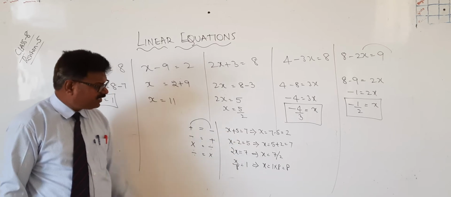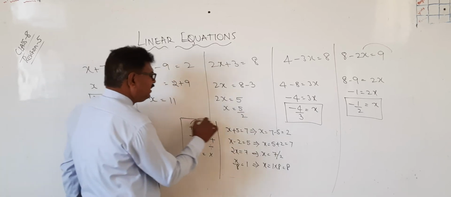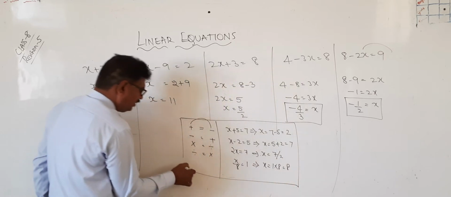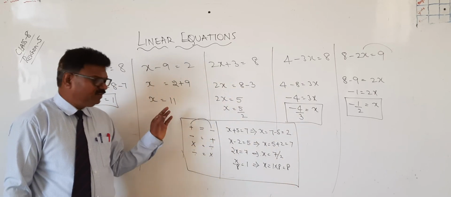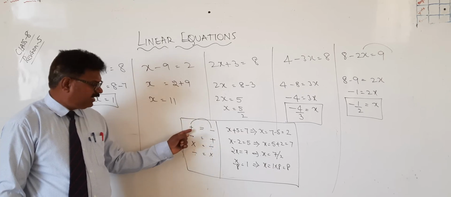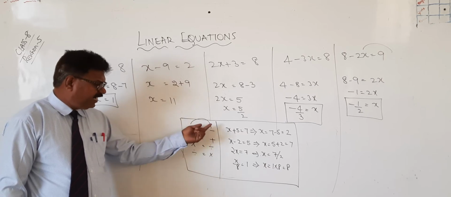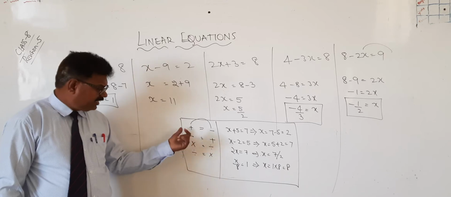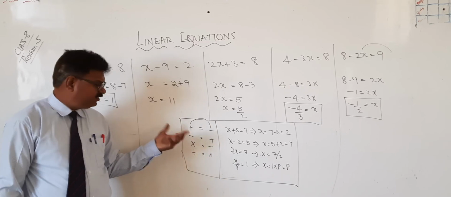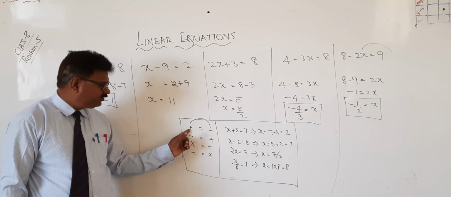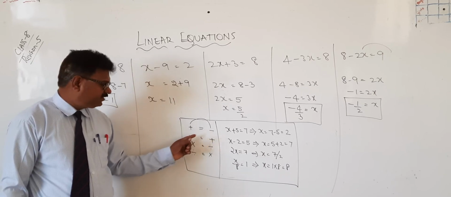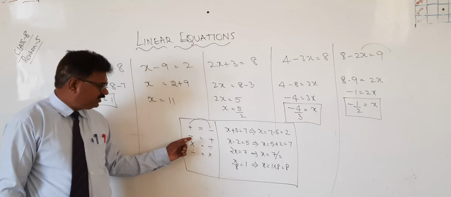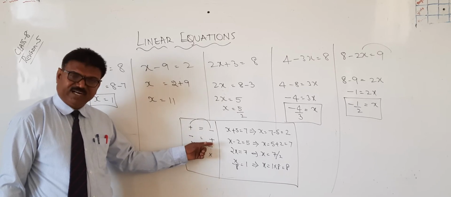See examples I have given. This is very important. For your solving purpose, this table is very important because already I have given left side and right side. Right side and left side are also the same. If it is plus on the left side, when it goes to the right side, it will become minus. If it is minus on the left side, when it comes to the right side, it will become plus.